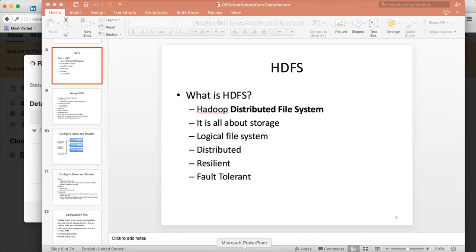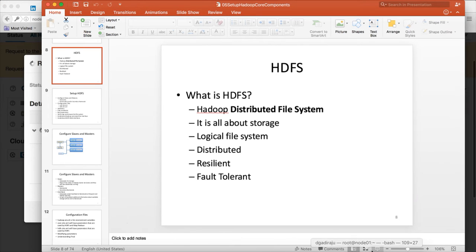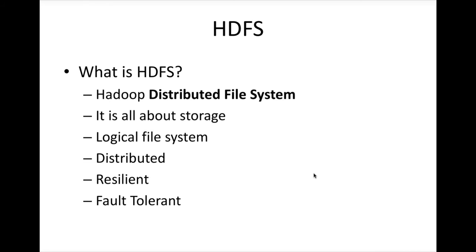Okay, so if you go back here, first let us understand what is HDFS. HDFS is Hadoop distributed file system. It is all about storage. And the file system is logical. It is logical because if you try to save a file in HDFS, physically it will not be saved anywhere with that file name.